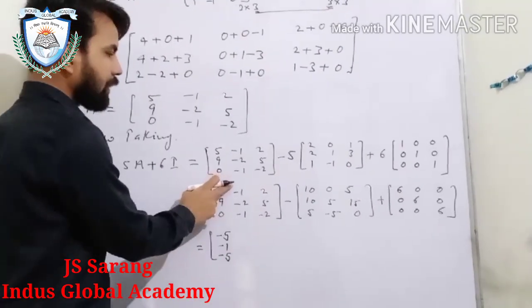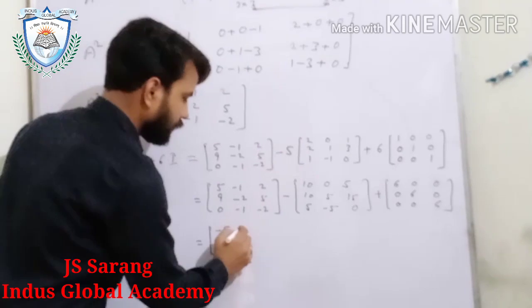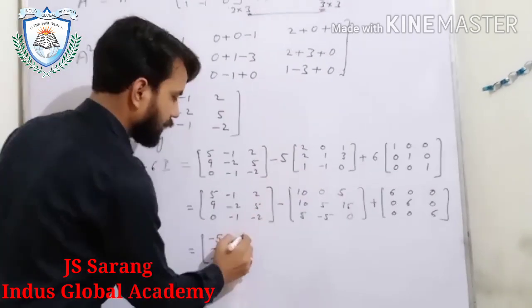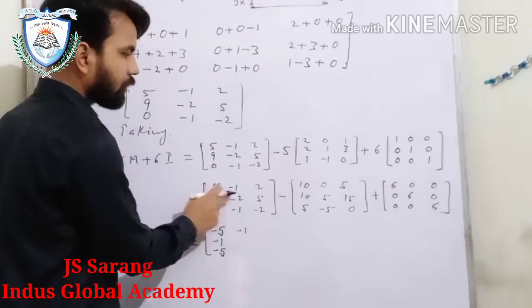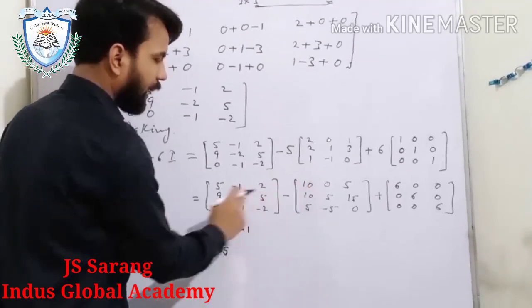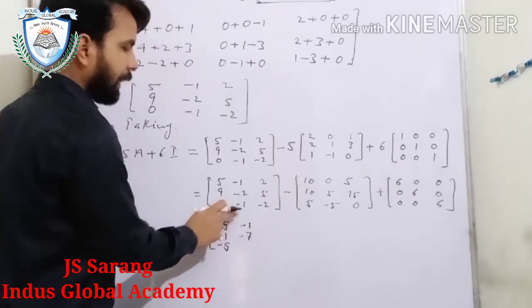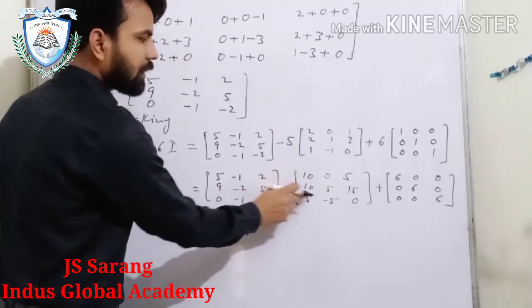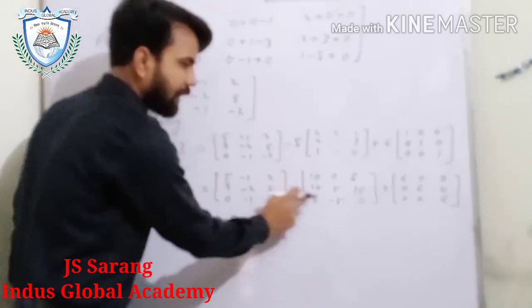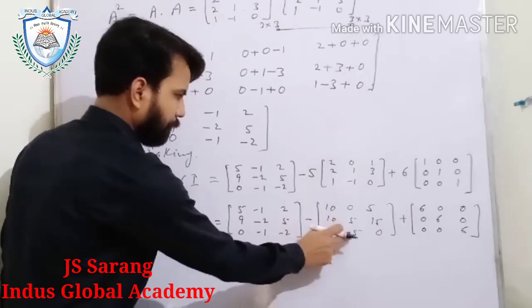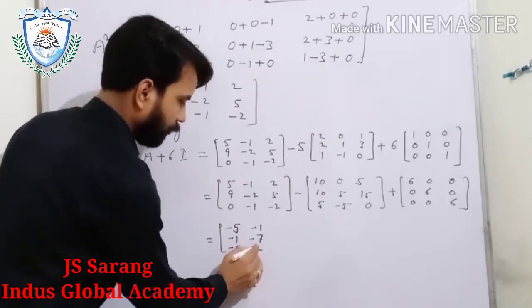Similarly, minus 1 minus 0 is minus 1. Minus 2 minus 5 will be minus 7. Same, minus 1 minus 5, so this minus and this minus will be plus 5 and this is minus 1. Minus 1 plus 5 is 4.